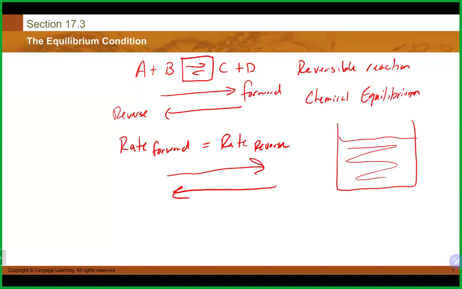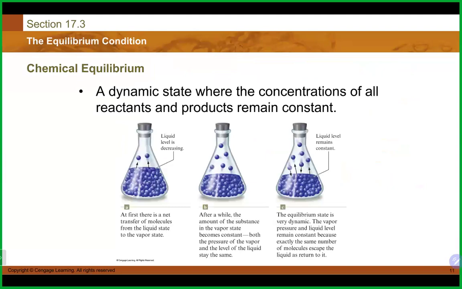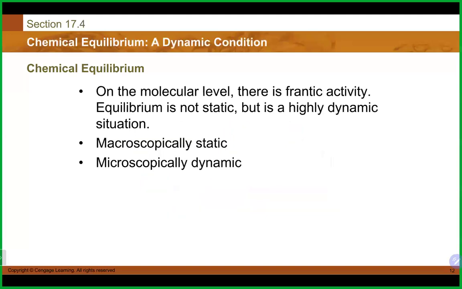So picking up where we left off, as I mentioned before, it is a dynamic process where the reactants and the products do remain constant. Once that situation of equilibrium has been reached, they pretty much can maintain that indefinitely, as long as nothing happens to mess up the equilibrium.